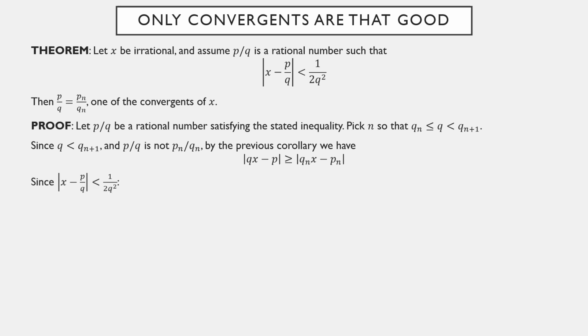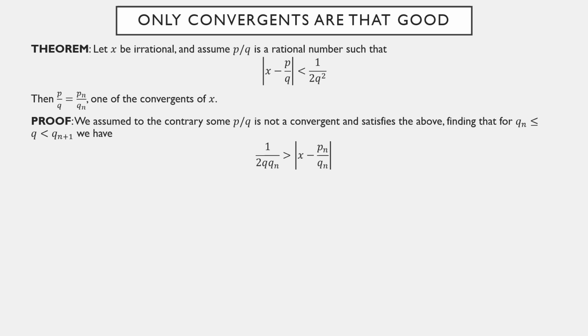Now, |x - p/q| is less than 1 over 2q squared. That was our initial assumption about our rational number p over q. Therefore, if we simply multiply this by q on both sides, 1 over 2q is bigger than |qx - p|, but |qx - p| is bigger than or equal to |qnx - pn|. So we see that 1 over 2q is larger than |qnx - pn|. If we divide both sides by qn, we end up with the following.